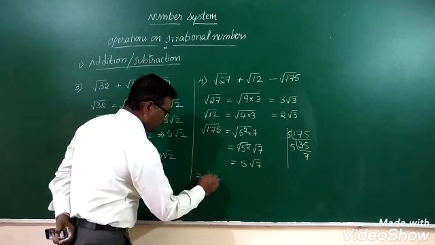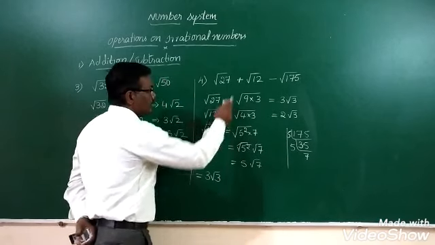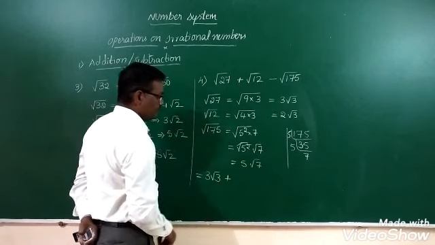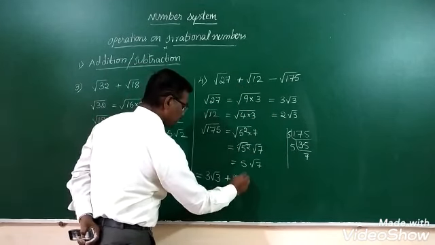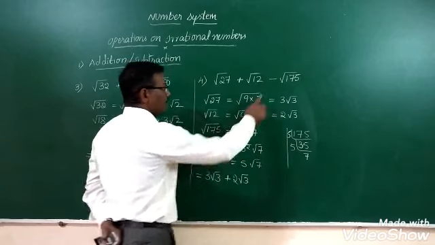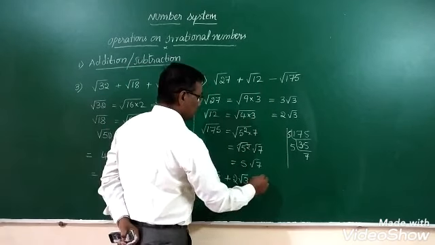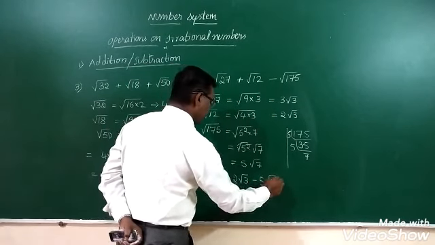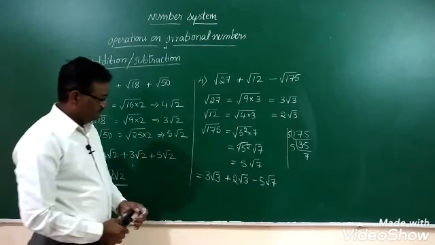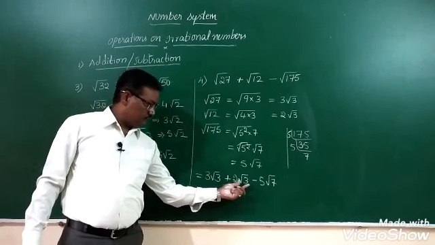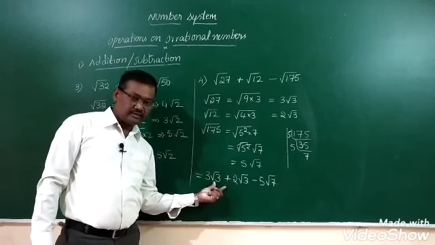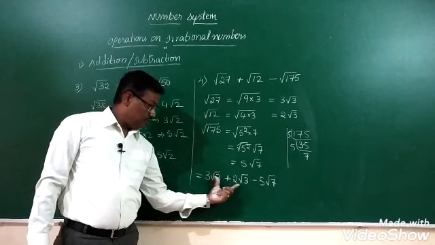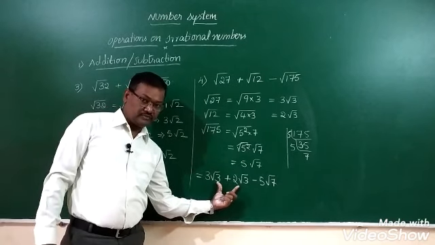Yes. Therefore, root 27, what is root 27 value? 3 root 3. There is plus. Root 12 is 2 root 3, minus, this is 5 root 7. Observe. Root 3 term, only these two terms containing root 3 irrational factor. These two are considered as like terms.